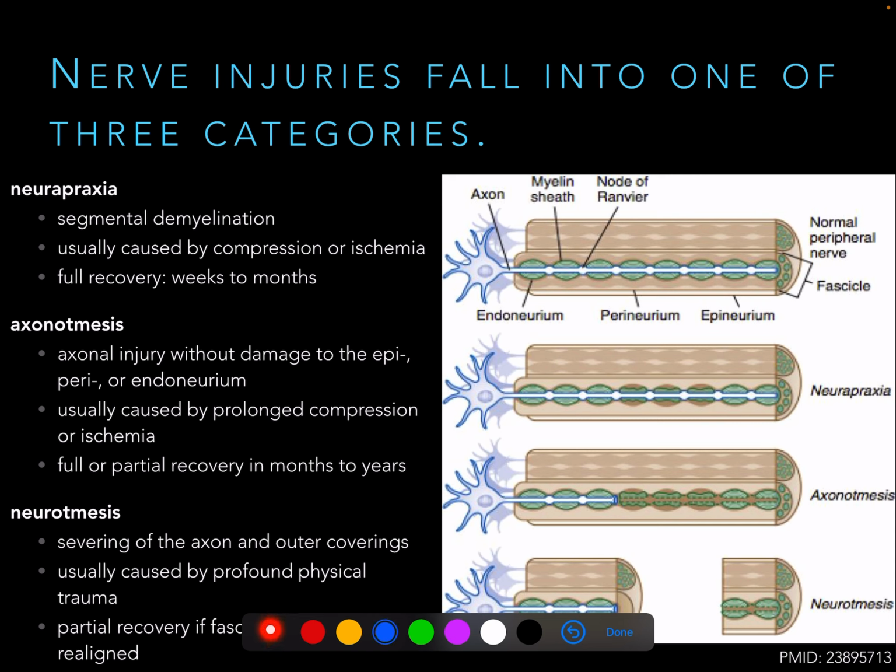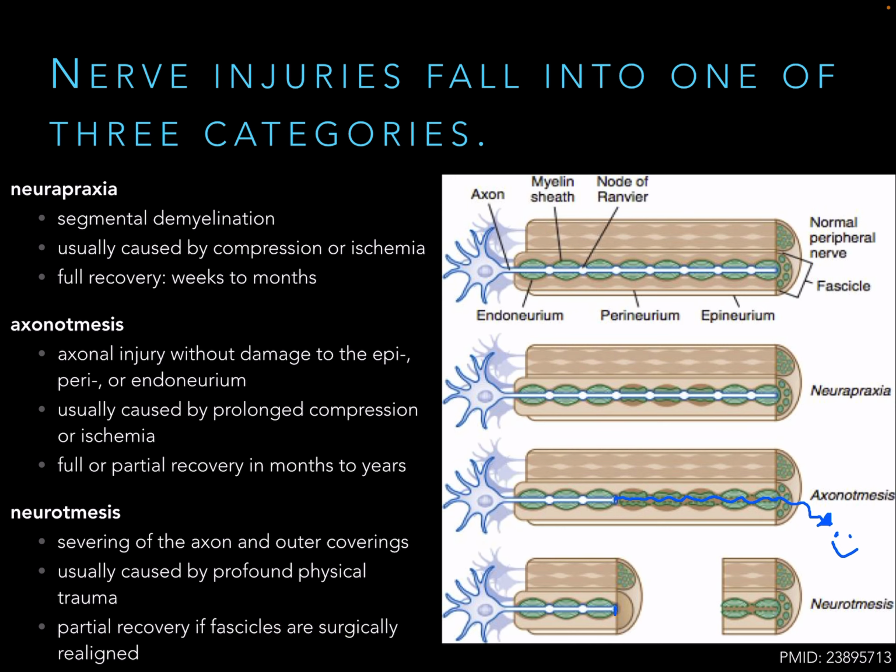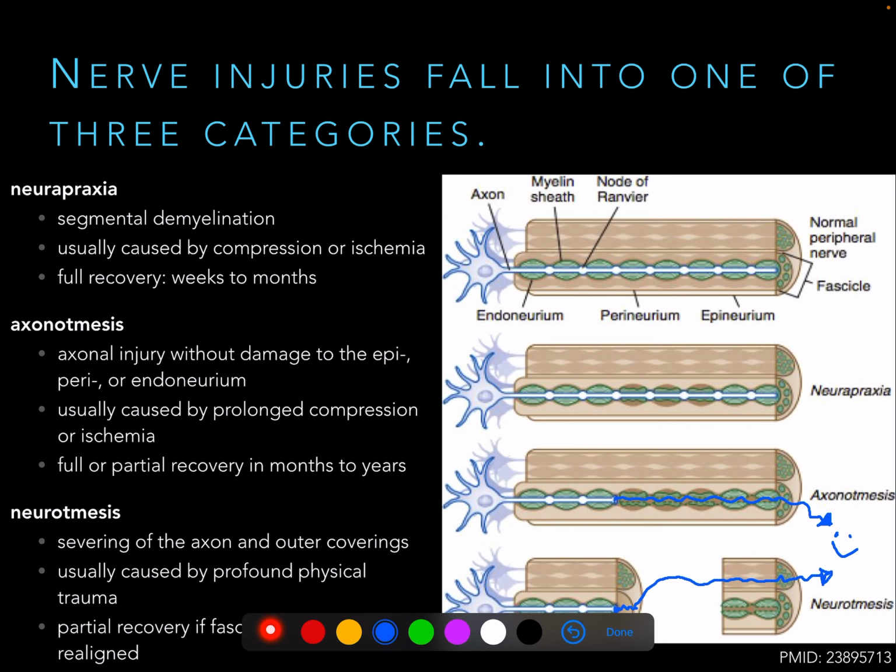So when this axon up top is trying to regrow, it's just going to follow along the original path. It's going to follow along the connective tissue that's already there until it finally forms its nice synapse. And everyone's happy. Down here on the bottom, oh no, we've lost our road. Now when we surgically reconnect our nerve, what if it gets rotated a bit? Maybe this axon goes down the wrong path and ends up forming a synapse in a different location.